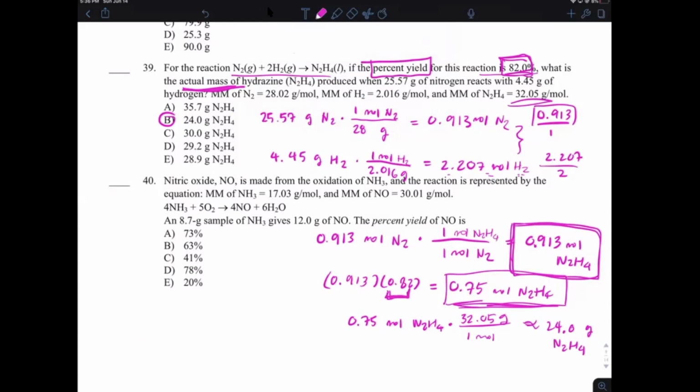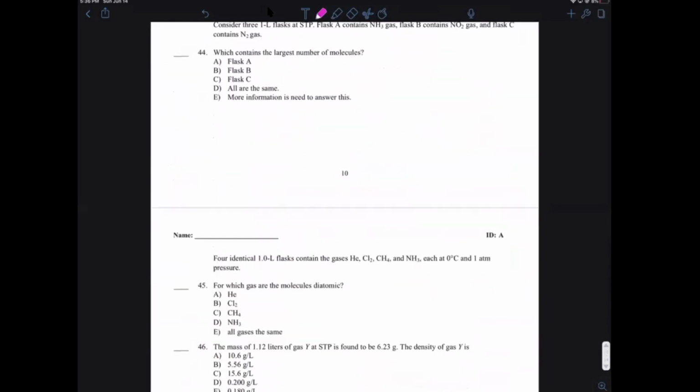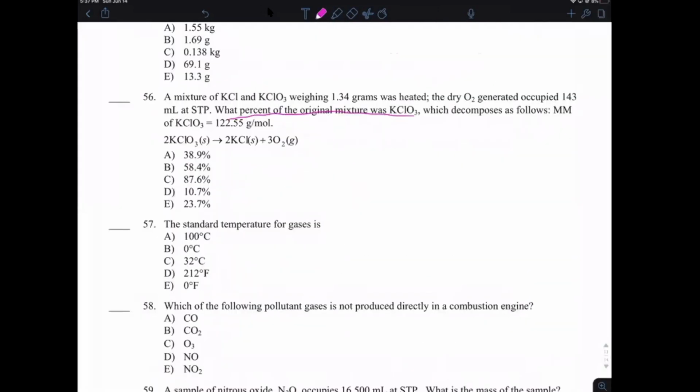Okay, sure. Okay, so for this one, we're starting out with some dry O2, which we're told occupied 143 milliliters at STP. So we're told at STP, so what number should we think of? Like what's kind of the golden number for STP? Yeah, 22.4 liters.